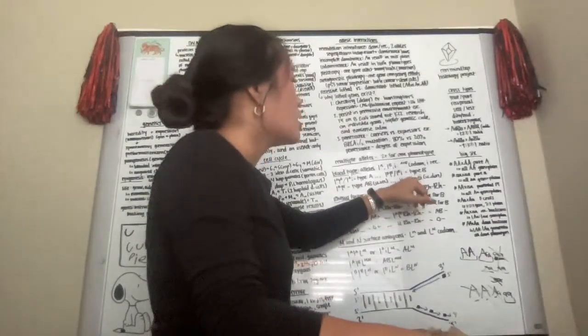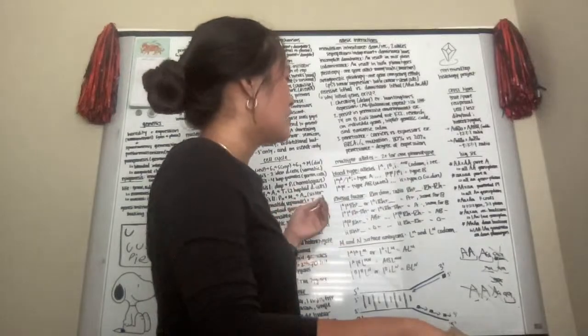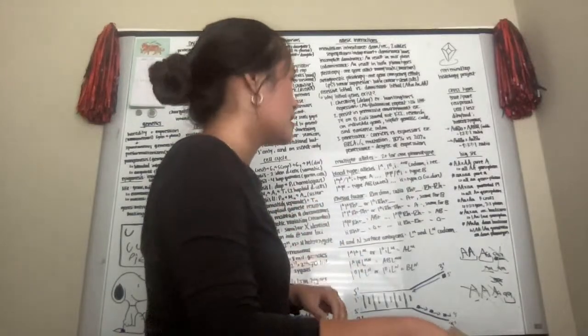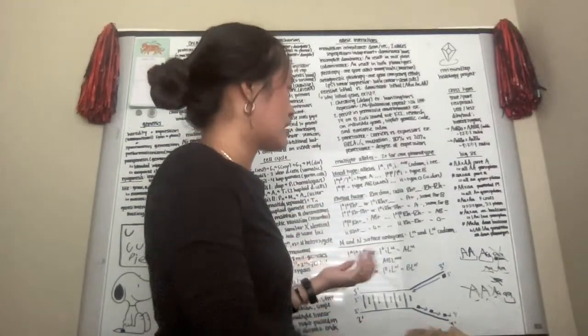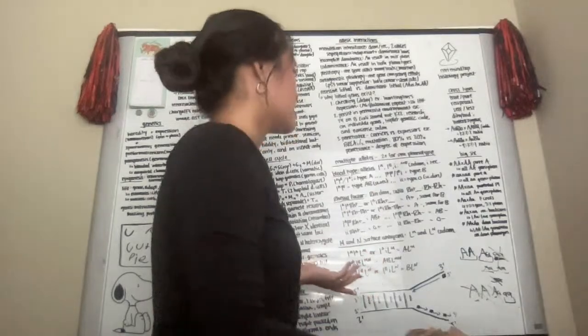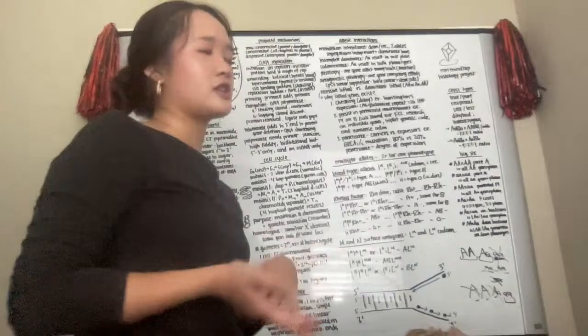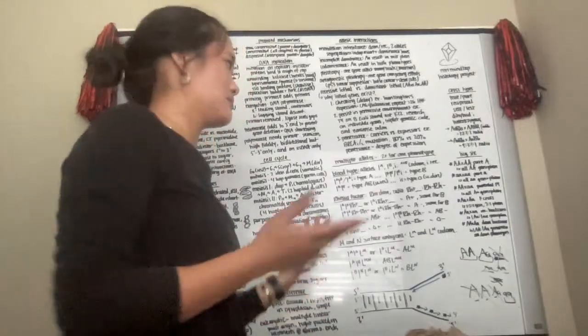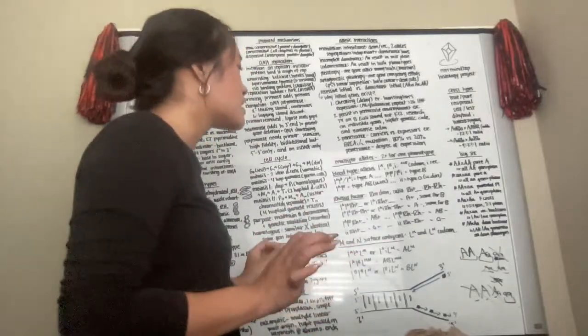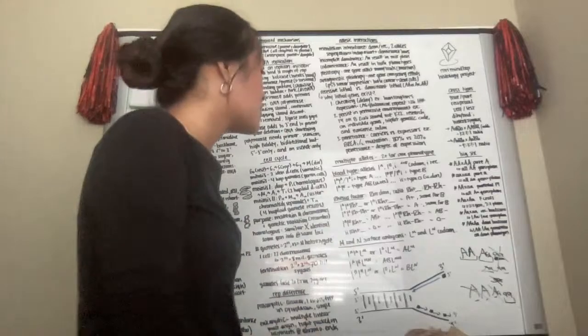Type O is the universal donor because they have no antigens, but they do have A and B antibodies. So they can donate because nobody's going to attack them, since they don't have any antigens. Antibodies are basically the attackers and antigens are the ones being attacked. That's a really simple way of saying it, but for now, just think of it that way.